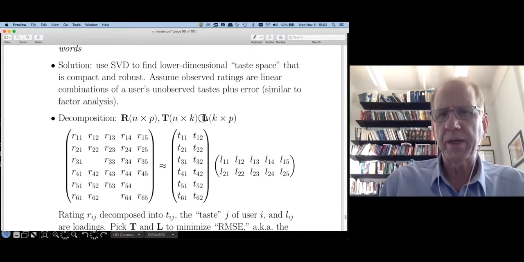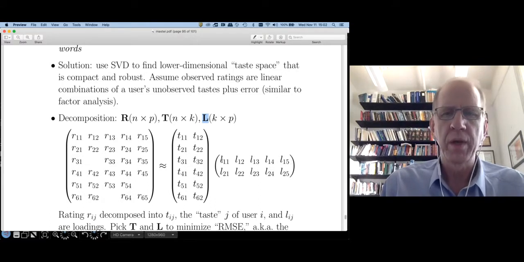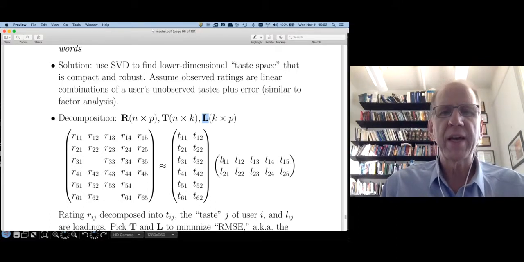Now the loading matrix is going to have one column for every item. So here I had 5 items, so there's going to be 5 columns in this matrix, and it will have one row for the value of that item on that dimension.